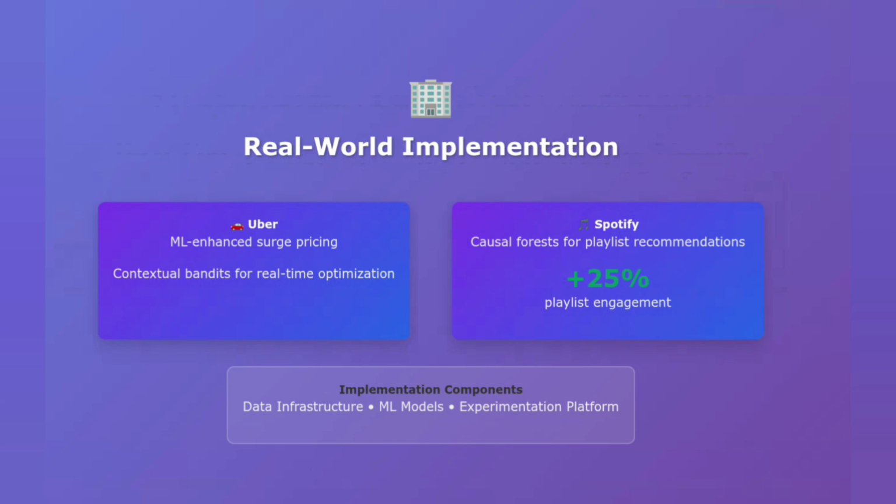The implementation requires three components: data infrastructure for real-time feature collection, ML models for decision-making, and experimentation platforms that can handle dynamic allocation. Most companies start with multi-armed bandits before advancing to personalization and causal inference.